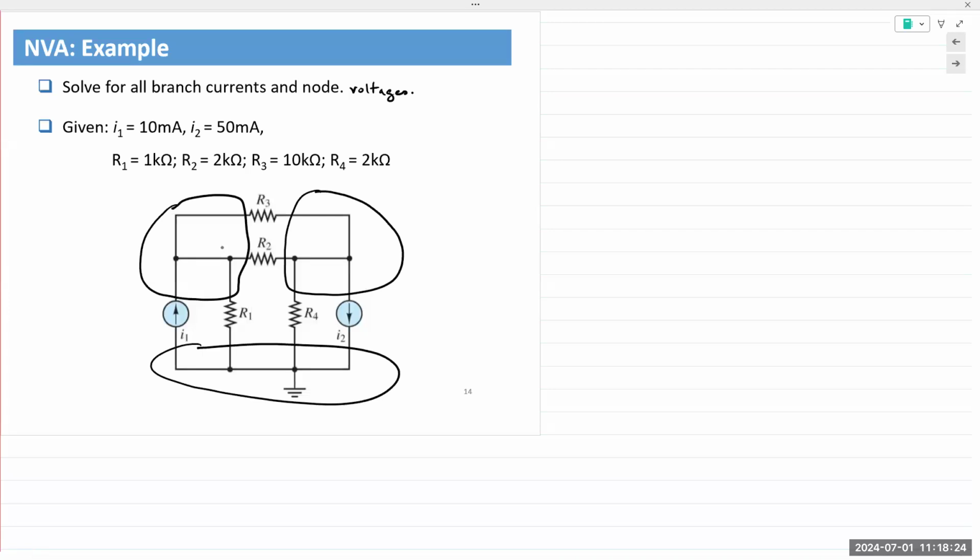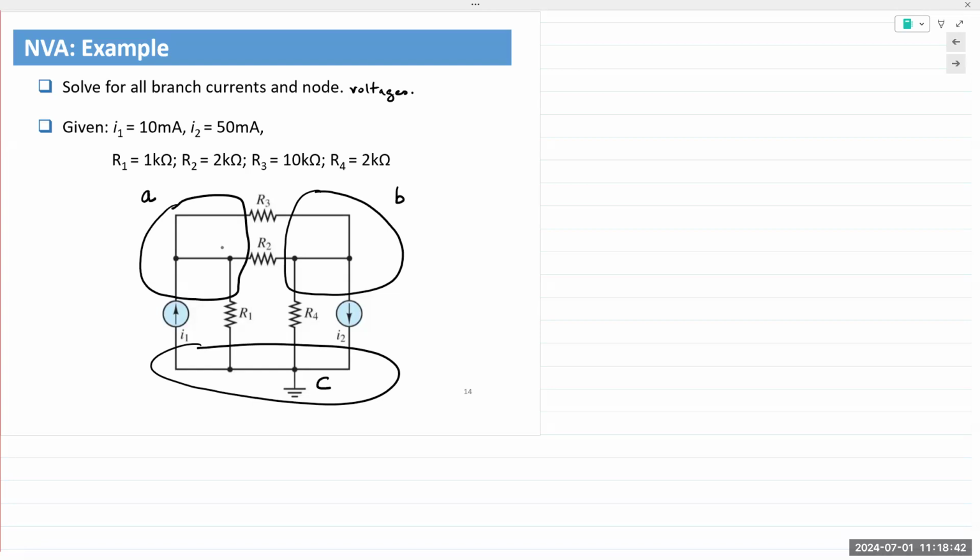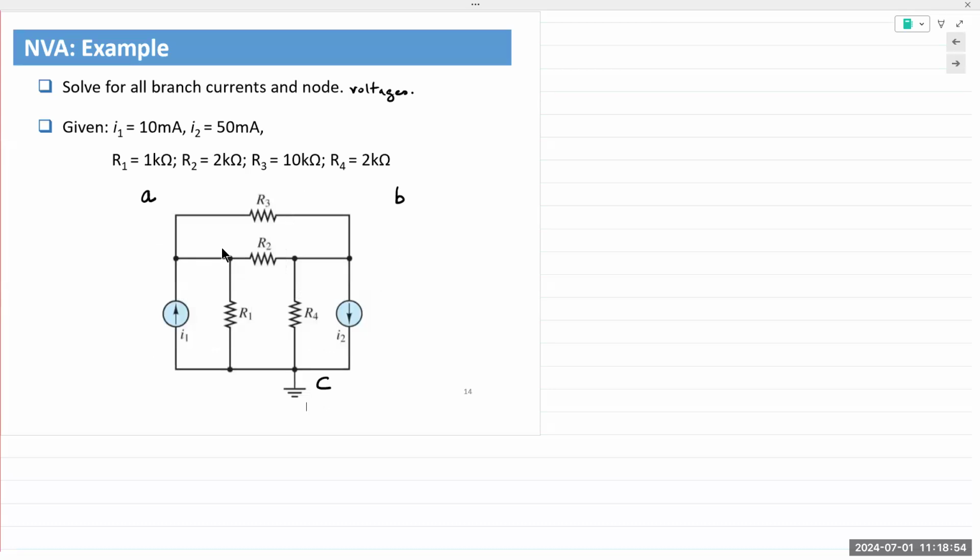Let's take a 10-second pause while you think on those fundamentals, and then let me know if you have any questions. Okay, node A, node B, and node C.